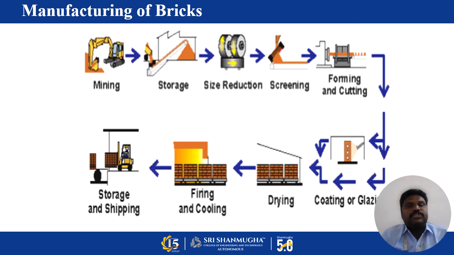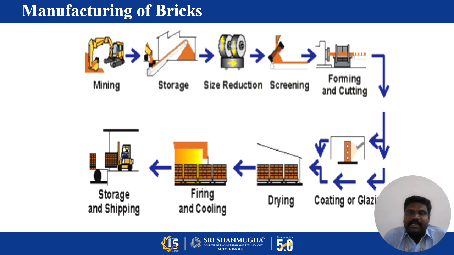Here is the manufacturing of bricks, how they are made. We extract the clay or soil from mining, store it, and reduce the size. If the size is more than 4.75 mm, we reduce it using a size reduction machine. Then screening, so the finest particles are used to make the binding proper.